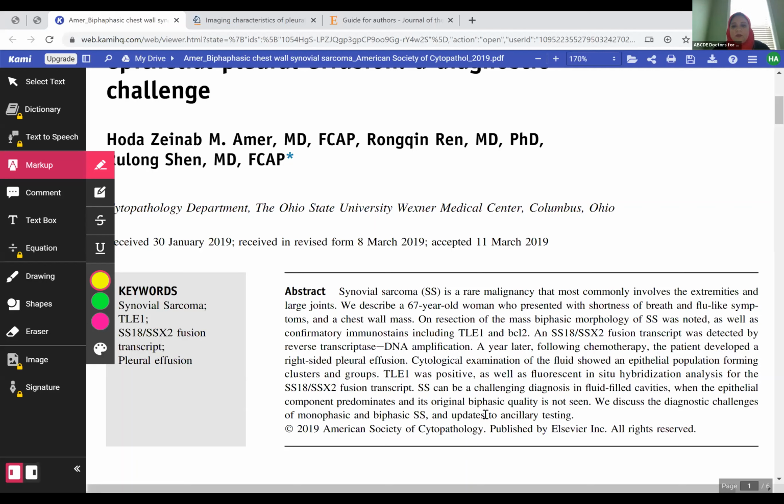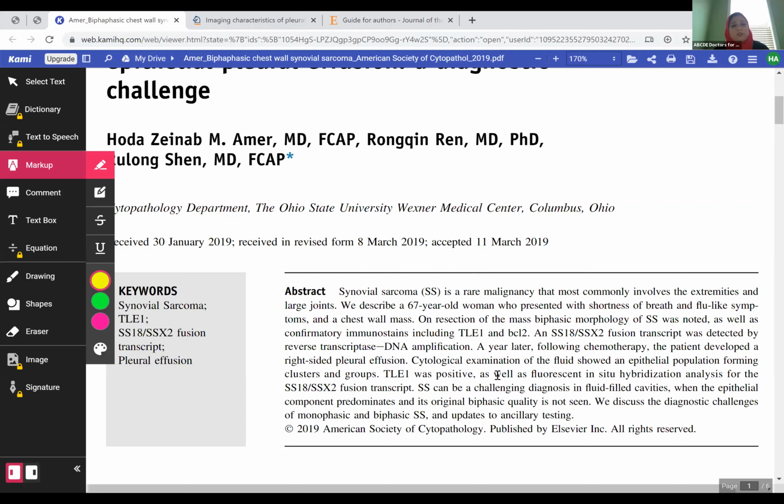Okay? And then I'm saying what we're talking about in this case report, which is telling people why you should read this if you're interested in this area: we're going to discuss the diagnostic challenges of the monophasic and biphasic types and talk about updates to ancillary testing. The type of people who would read this abstract and say, hey, I want to read this, would be somebody who's interested in genetics, maybe of soft tissue tumors.